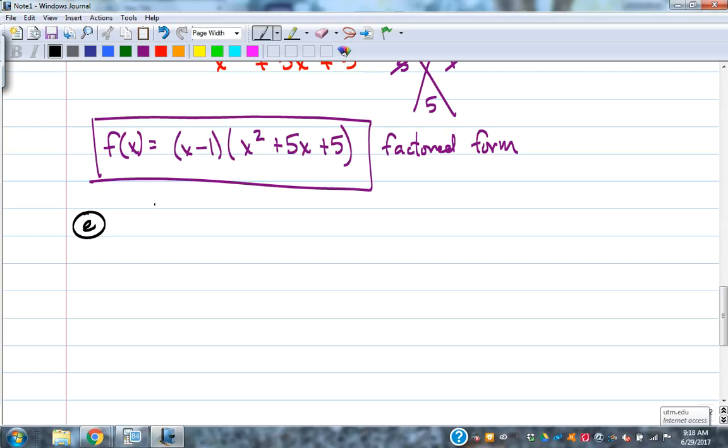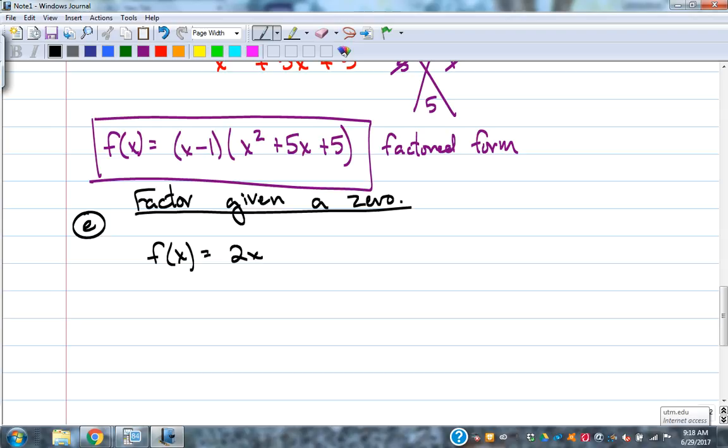Example E. We're going to factor given a 0. Okay. So the problem's going to look slightly different, not much. Still the polynomial. We got 2x cubed minus 3x squared minus 5x plus 6.